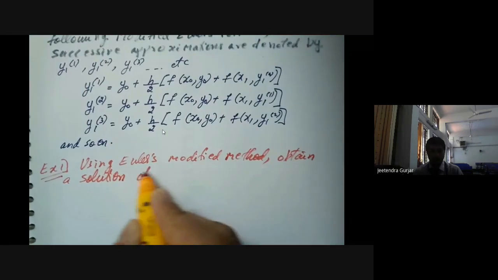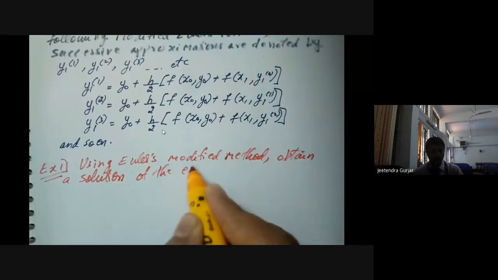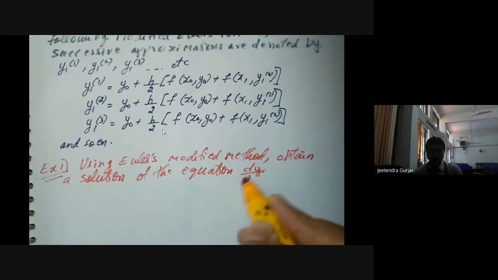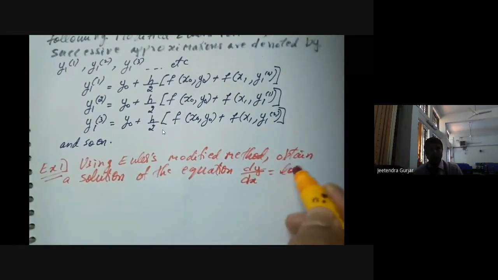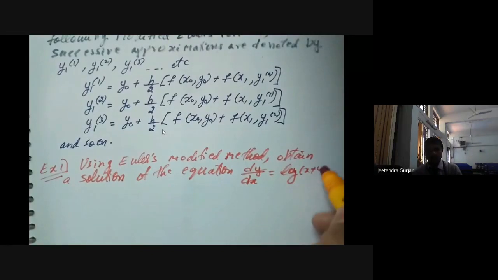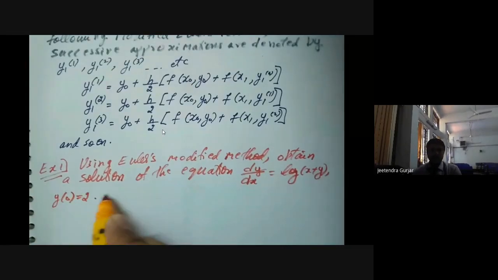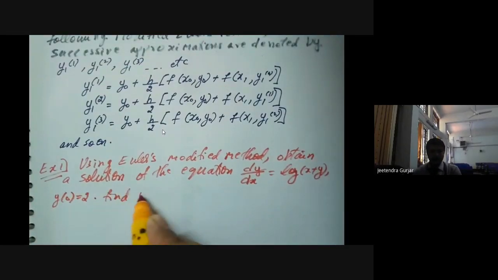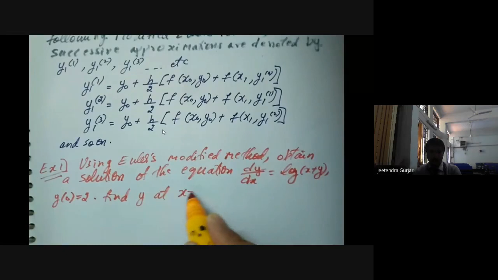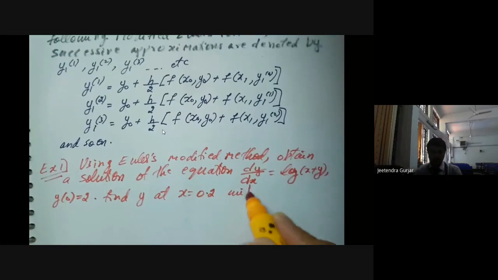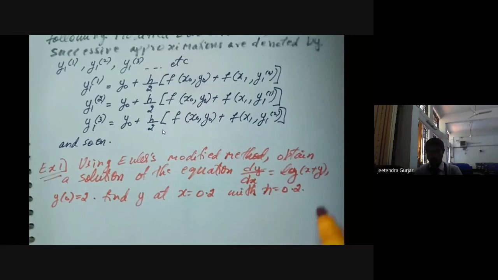These 4 formulas you have to repeat for Euler's modified method to find the solution. So here the solution of the equation dy by dx is equal to log of x plus y, and they have given y0 is equal to 2. Find y at x is equal to 0.2 with h is equal to 0.1.